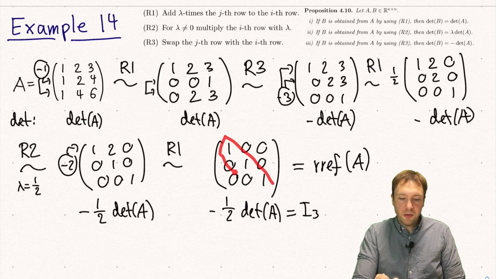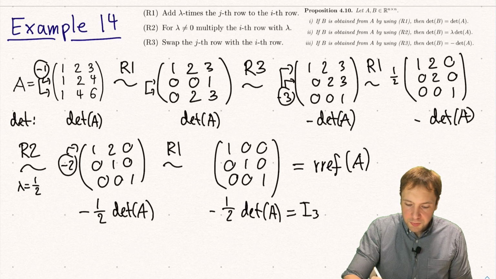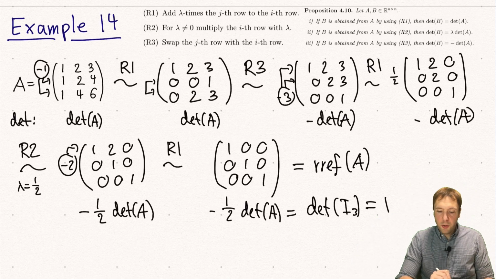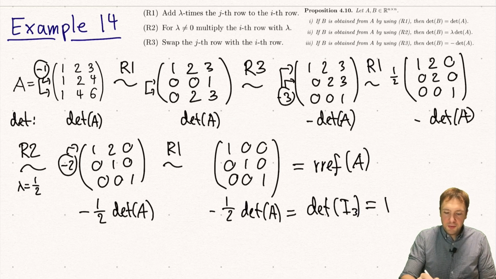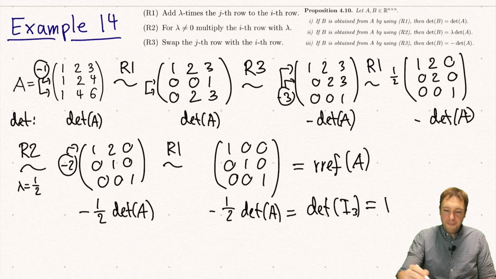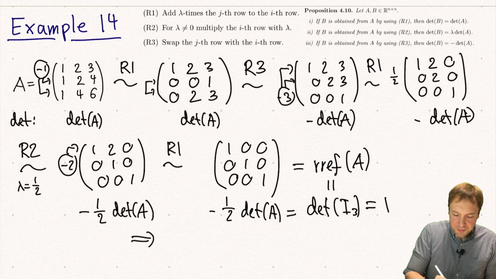So here the determinant is just the product of the entries on the diagonal. So the determinant of I3 is 1. So we see that minus 1 half times determinant of A is 1. And of course this is also the determinant of the row reduced echelon form of A. So what we get is that the determinant of A in this case is minus 2.